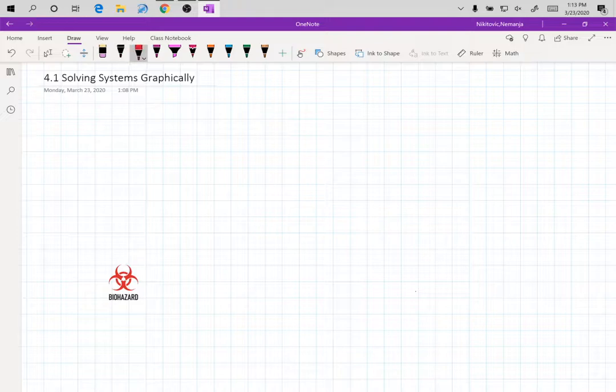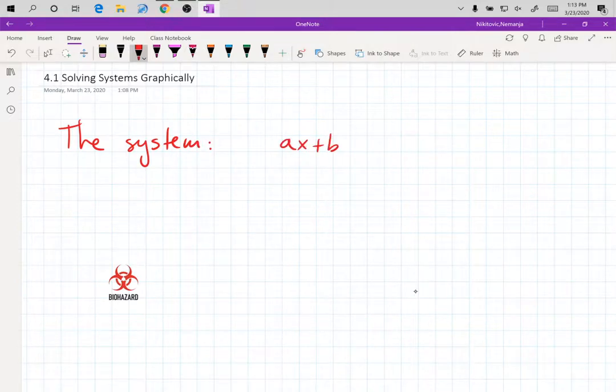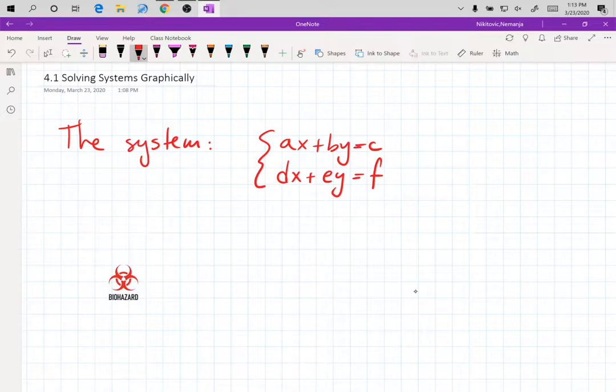Now, first, let's just write the system. It would look like, let's say, ax plus by equals c, and then dx plus ey equals, let's say, f. So that will be a system. So two equations with the two unknown variables.